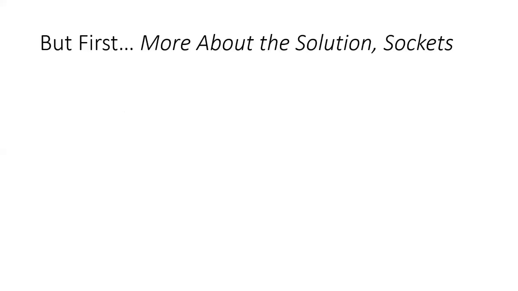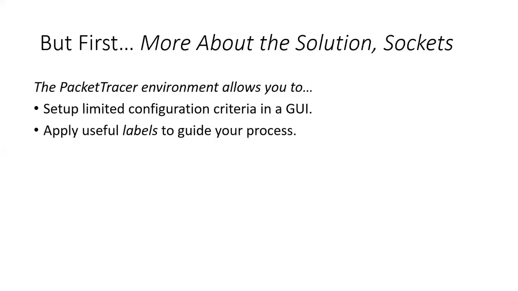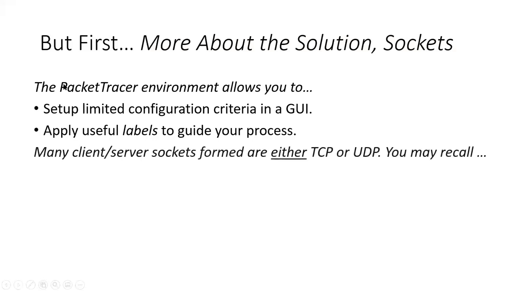Let's move right along. So we covered the packet tracer issues. All right, when we talk about sockets, we said that a socket was a combination of a well-known server address. Usually there's a client and a server. A server is running a service or a process to offer resources or data.